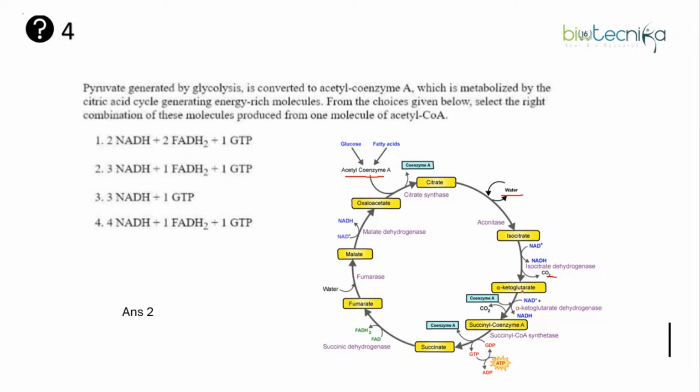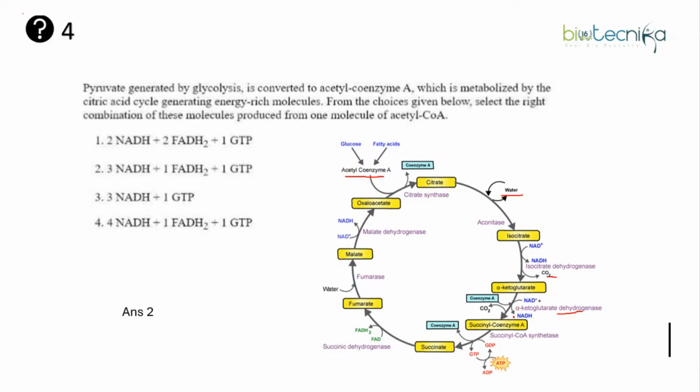Then from this isocitrate, you're getting alpha ketoglutarate, right? Alpha ketoglutarate is converted to succinyl coenzyme A by alpha ketoglutarate dehydrogenase. Here again, you are converting NAD to NADH.